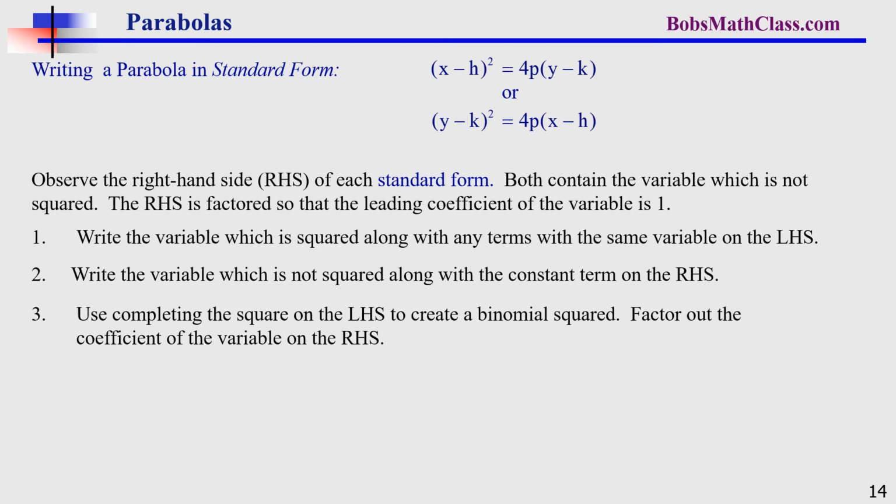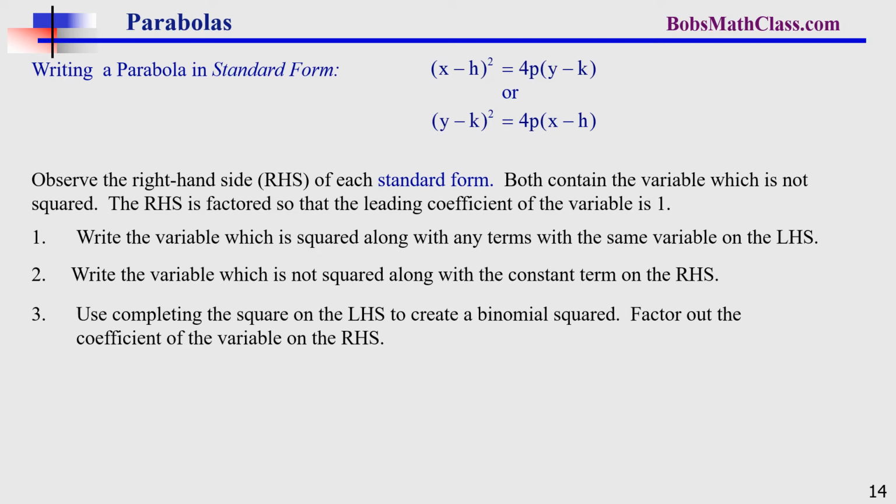Okay, so let's read number 1. Write the variable which is squared along with any terms with the same variable on the left-hand side. So this is very similar to the circles video that we just did. We're going to do some completing the square. So you're going to put the variable that's squared on the left. If it's x squared, put it on the left.